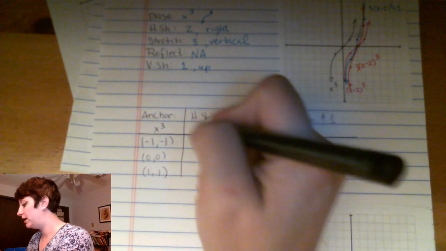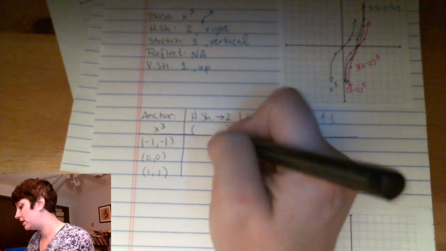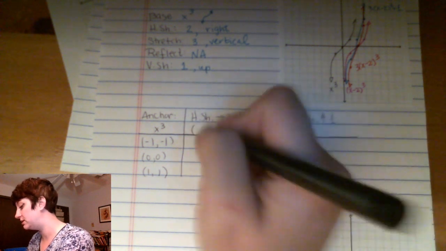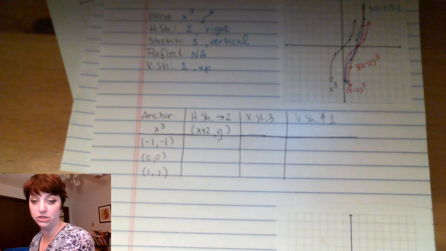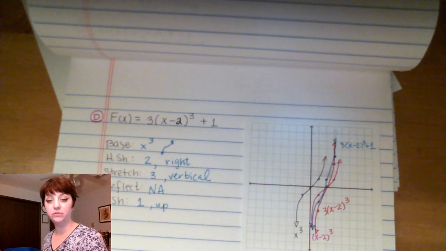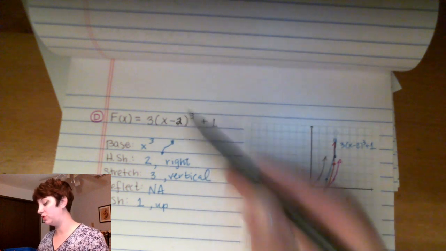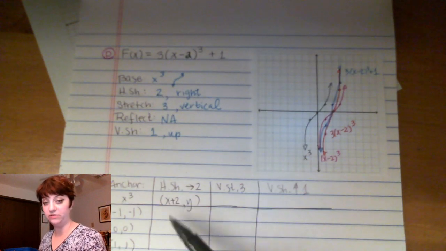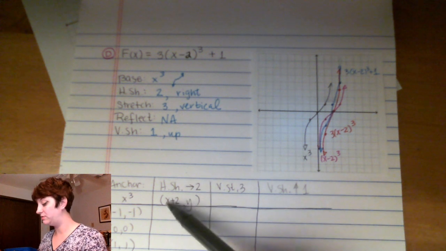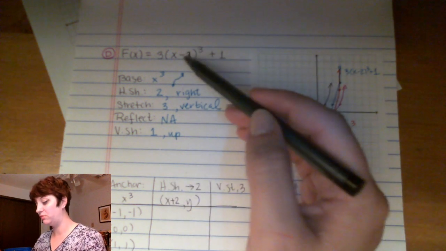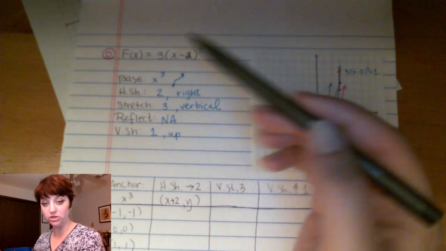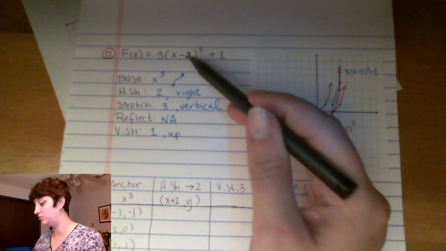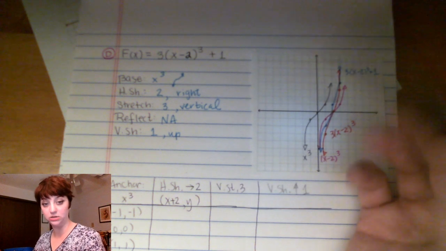Shifting to the right 2. All right, so it's horizontal, which means y stays the same. And I'm going to add 2 to each x value because that's going to move it to the right. This is something that confuses students. So up here I have subtraction, but then down here I have addition. That's because I have to increase all my x's so that when I plug them back here into my cube, the subtraction goes away because I would get x plus 2 minus 2 is just x, right?